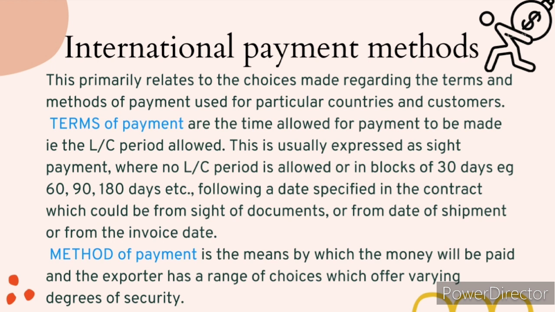This is usually expressed as sight payment, which means no period is allowed, or in blocks of 30 days, 60, 90, and 180 days, following a date specified in the contract, which could be from sight of documents or from date of shipment or from the invoice date.